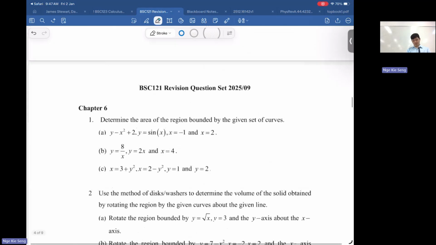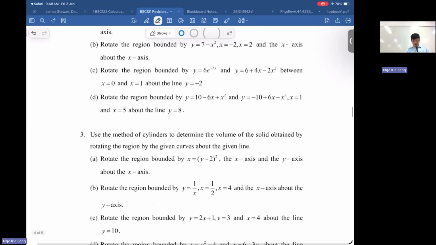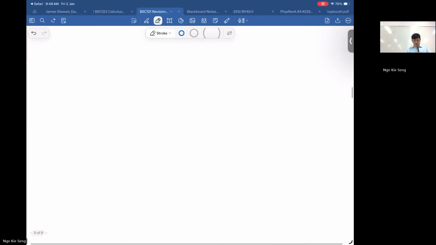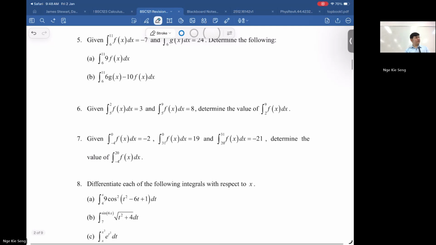Chapter 6 we can do later because 6 is quite long.